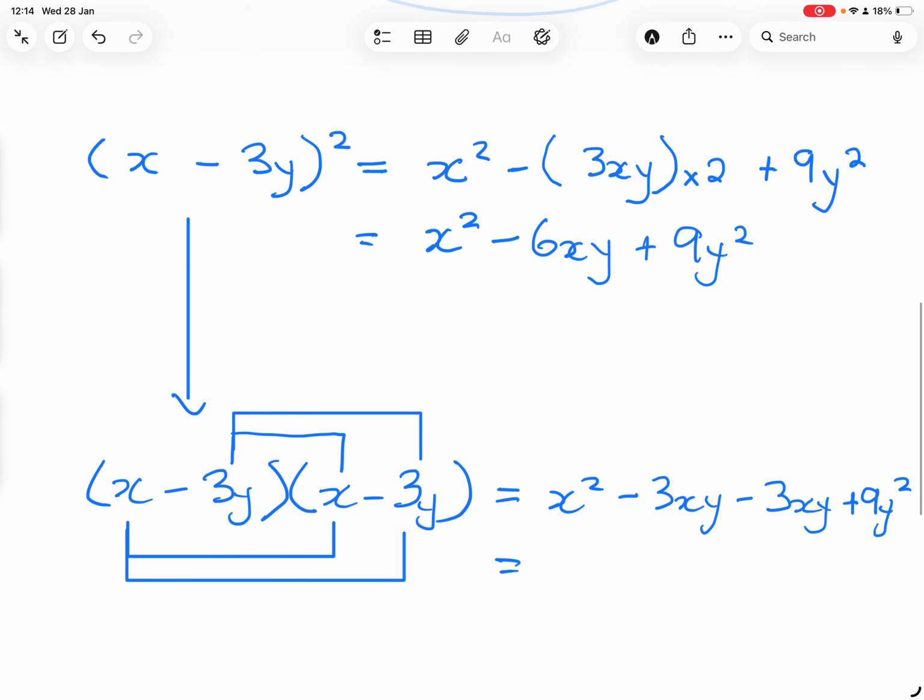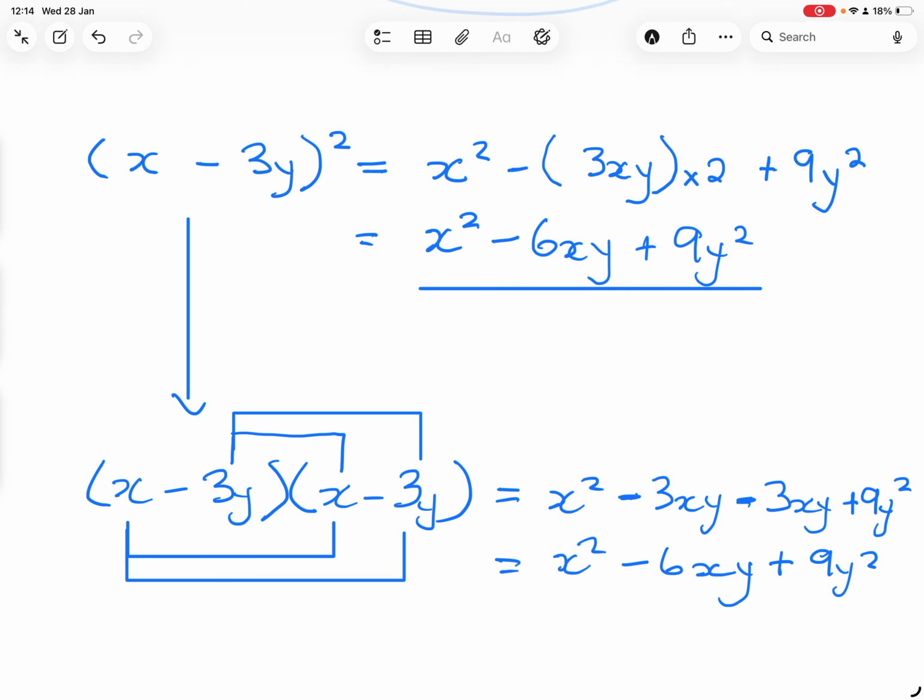And so finally, ladies and gents, we've got x squared, right? Remember, the signs are the same. That's minus 6xy, right? The signs are the same, and so we add. That's plus 9y squared. Do you see that we end up with the same thing, right?